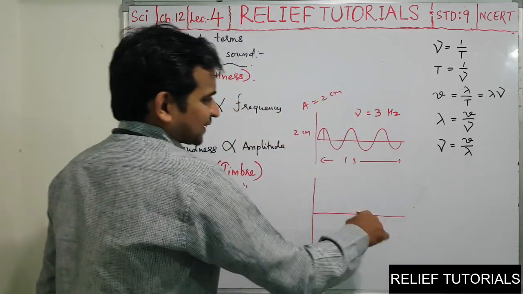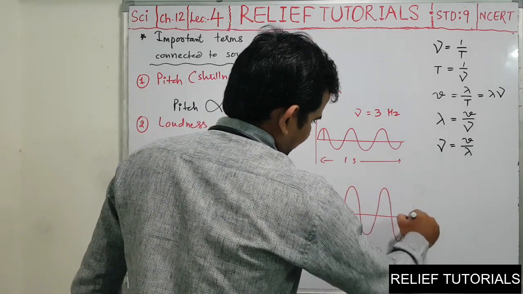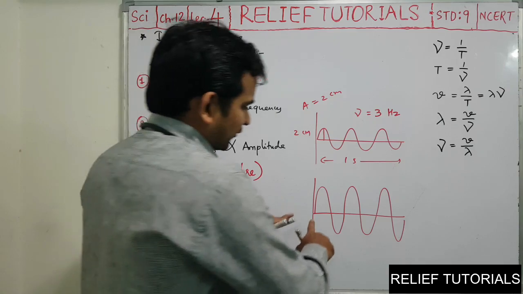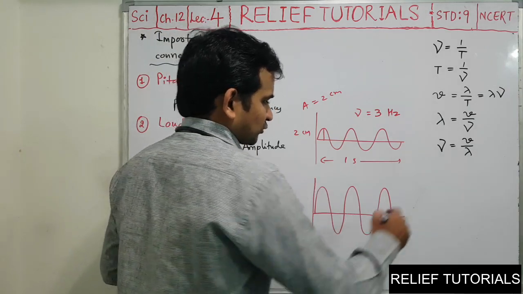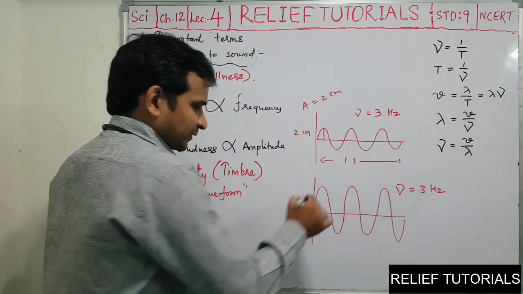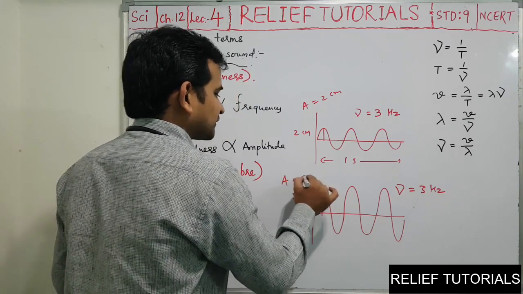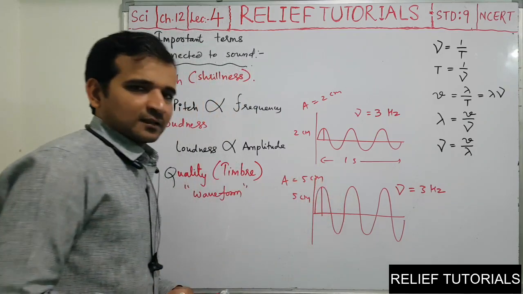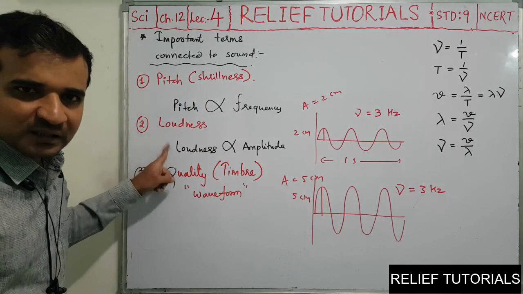Let us say this time is again 1 second. How many waves are there? 1, 2, 3. So what is the frequency? Frequency is 3 hertz. Let us say this height is 5 centimeters. So what is different? Amplitude is different. The amplitude is 5 centimeters. So the larger the amplitude, the larger the loudness.